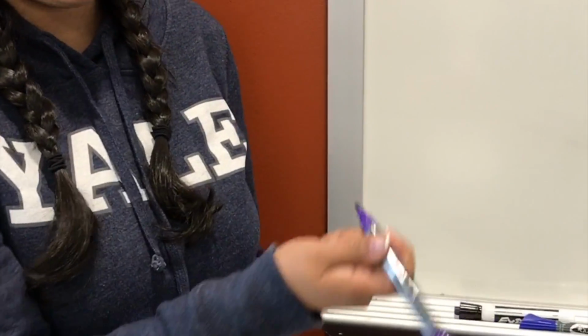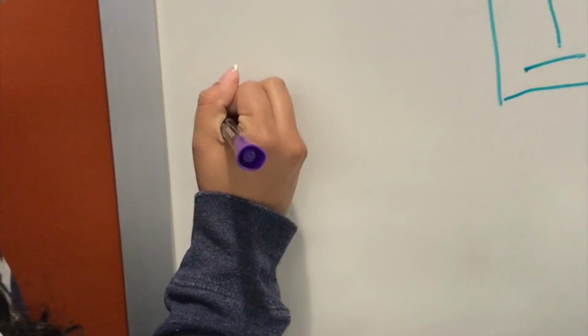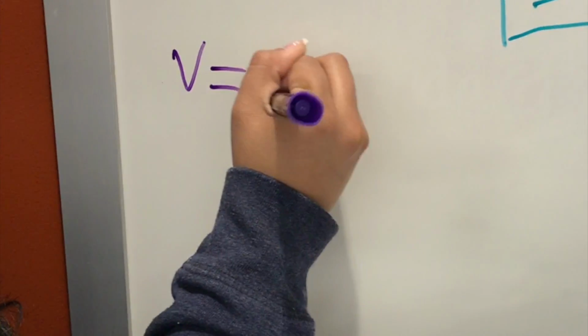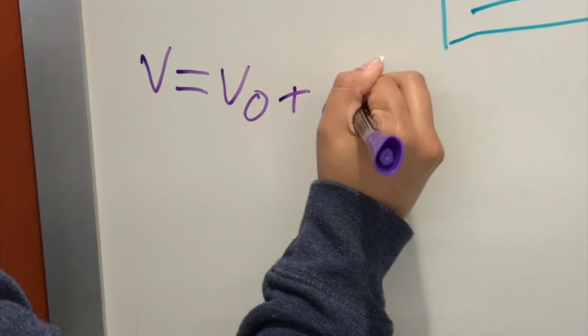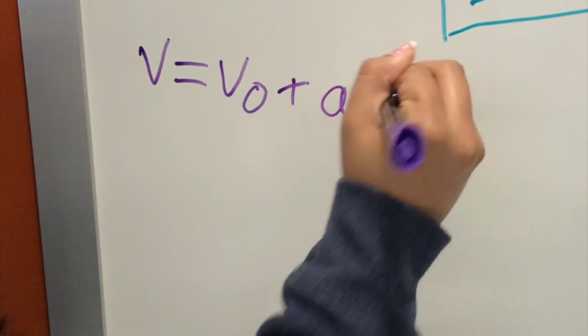There are three equations that physicists use to solve problems with projectile motion, or to solve for velocity, acceleration or time. They are v equals initial velocity plus the acceleration times t.